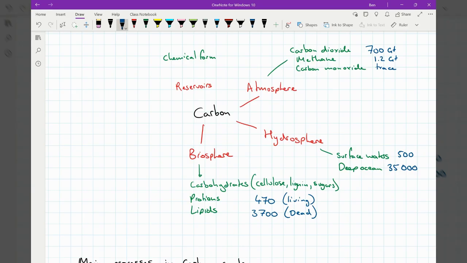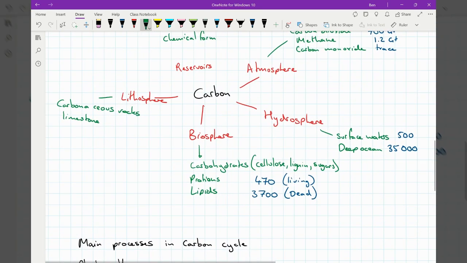Okay, and then the lithosphere makes up our last one. And this is made up of things like carbonaceous rocks, so that's things like limestone, and then also fossil fuels.